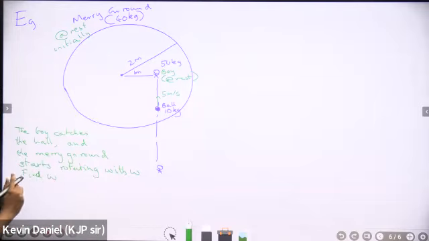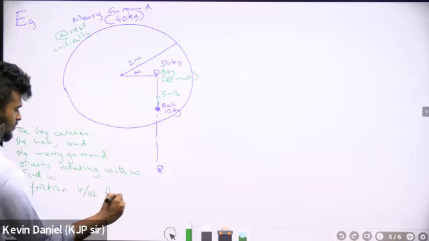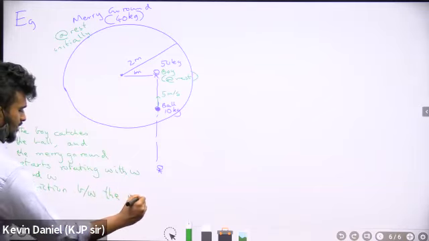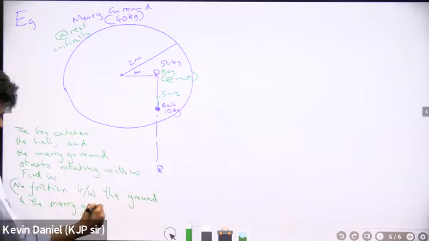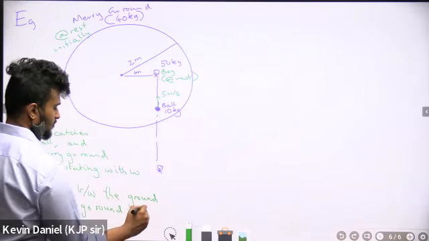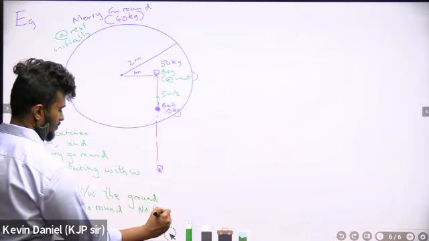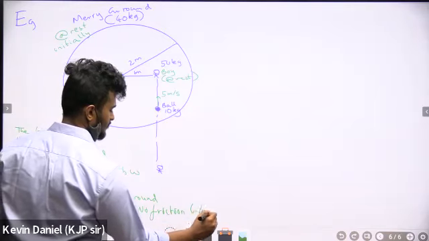So there's no friction between the ground and the merry-go-round, no friction between the axle.